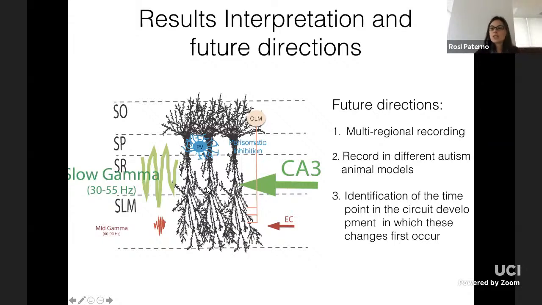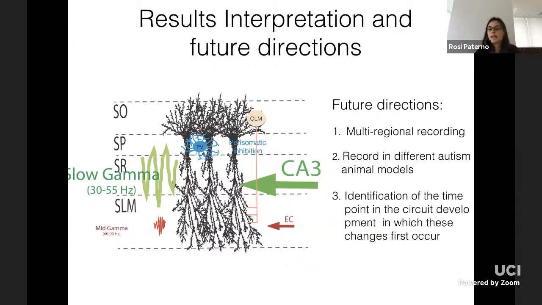is just a local alteration of the circuit, or whether, in addition to the alteration of the local circuits that we have seen, there is an alteration in the upstream region. This is a future direction. But we can also see if these findings are common and can be extended to different animal models as a common pathway, despite the fact that different genes are involved.